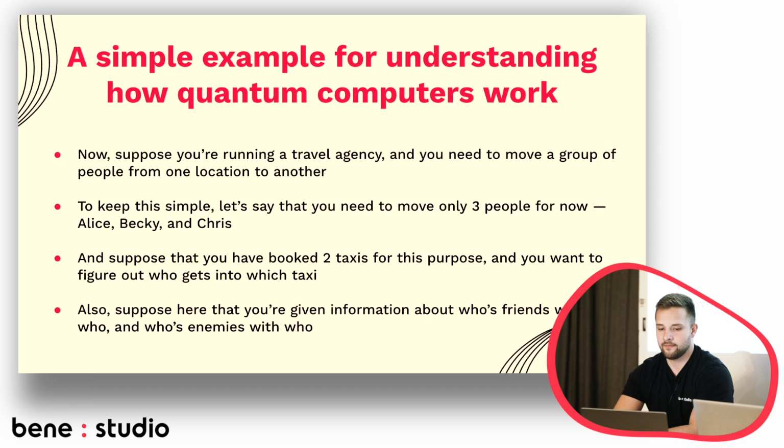And we can suppose that we booked 2 taxis for this purpose, and we want to figure out who gets into which taxi. We also got the information about who's friends with whom and who's enemies with whom.